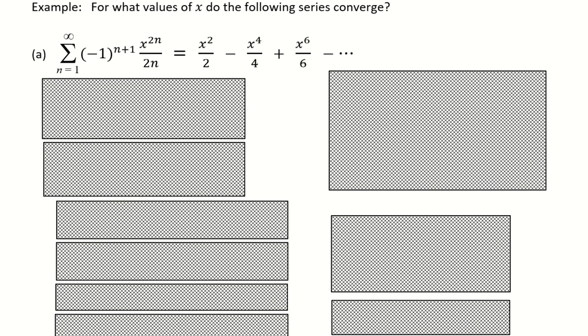Let's say your interval of convergence was -1 to 1, the classic one. Now we actually need to check the endpoints of that interval, and that's what we're going to do now.